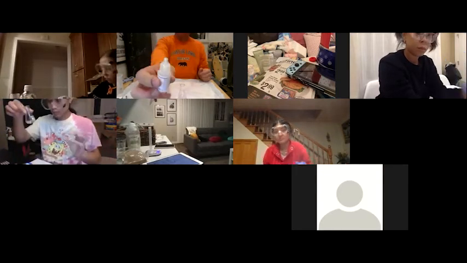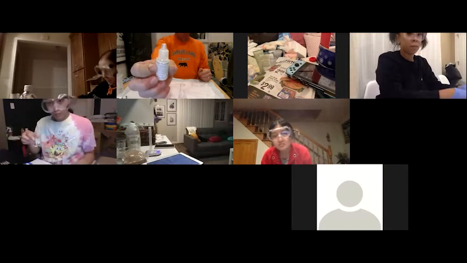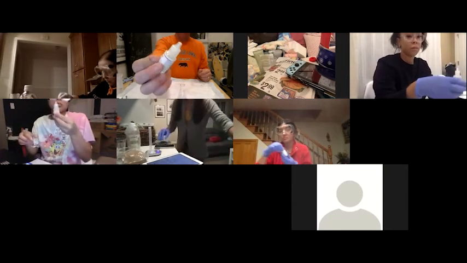Here's our phenolphthalein, and you don't want to drink this. This causes diarrhea, so it's kind of nasty. One drop is good. Oops, I got 2 by accident. Swirl it around, and it should not change color.